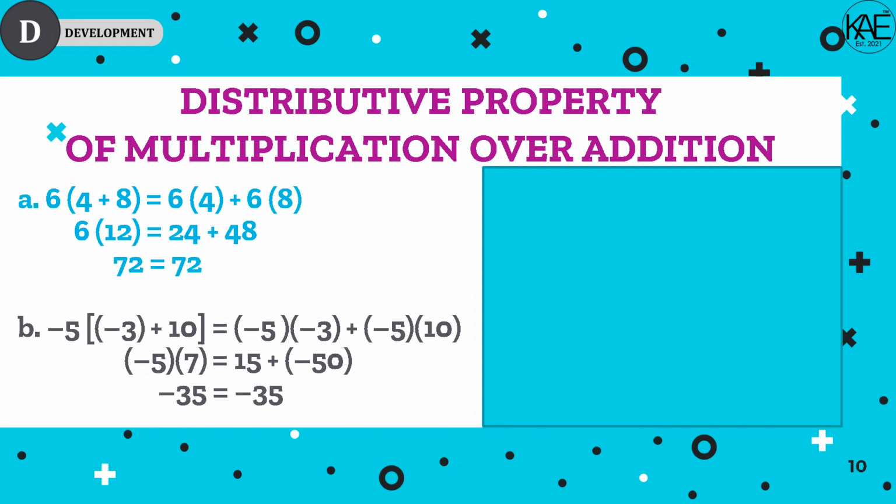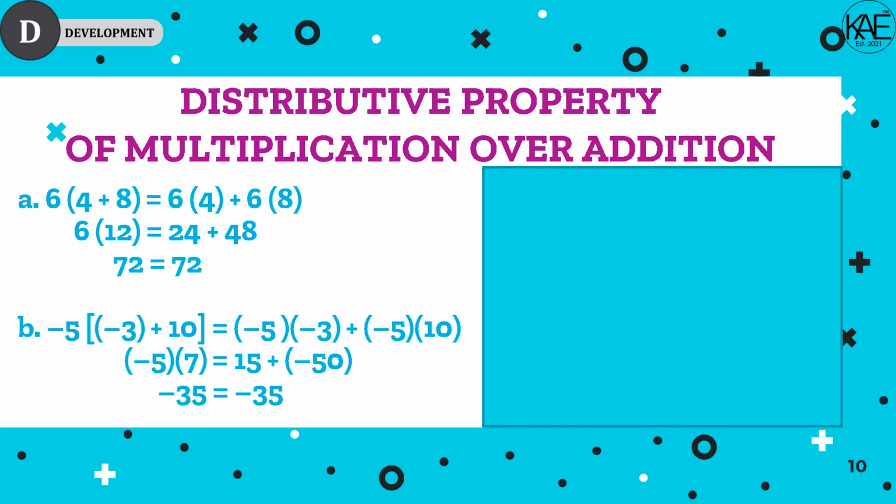Letter B, negative 5 times the quantity negative 3 plus 10 is equal to negative 5 times negative 3 plus negative 5 times 10. Negative 5 times 7 is equal to 15 plus negative 50. Answer: negative 35 is equal to negative 35.